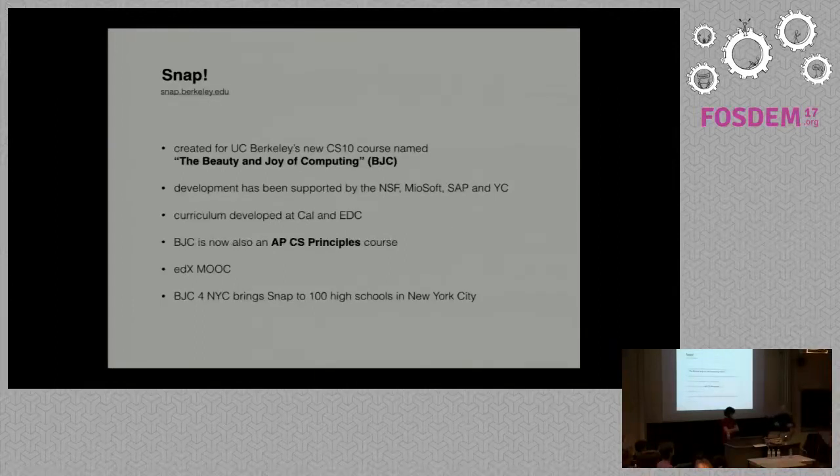And it's also an APCS Principles course. That's a new kind of course in the United States that's sort of a centralized, standardized course for the big ideas in computer science, and BJC, the acronym for Beauty and Joy of Computing, is one of these courses. And since October, since the last semester, we're disseminating it nationwide.